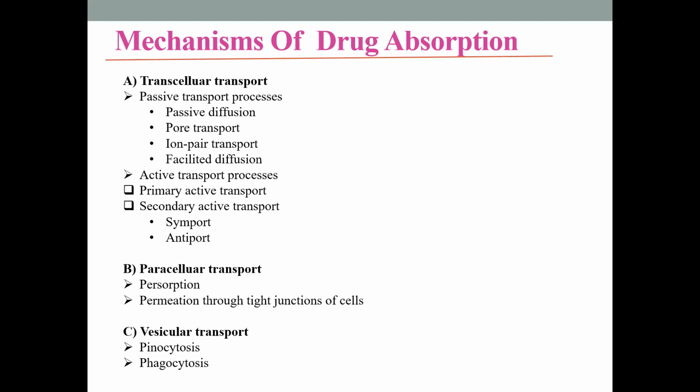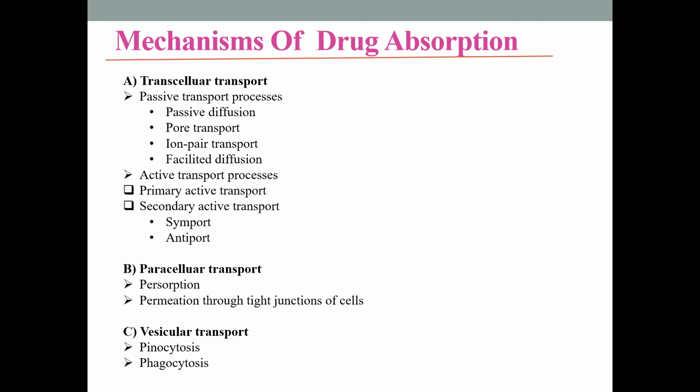Secondary active transport has sub-mechanisms: the first is symport, and the second is antiport. So in transcellular transport, the two main mechanisms are passive transport and active transport.